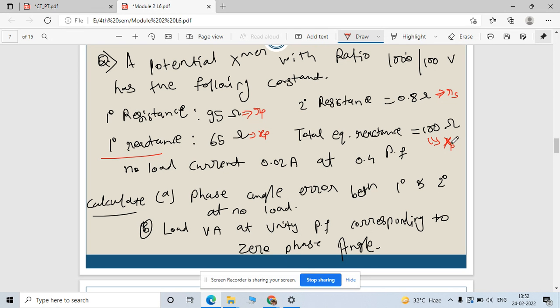Okay, total equivalent reactance is nothing but your 100 ohm.